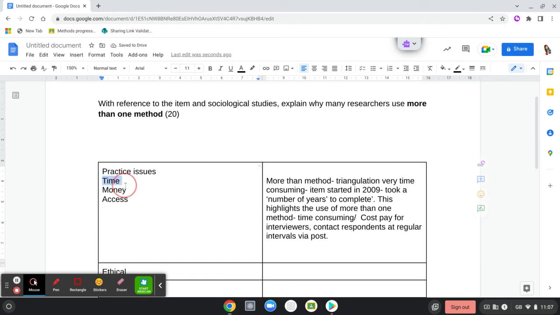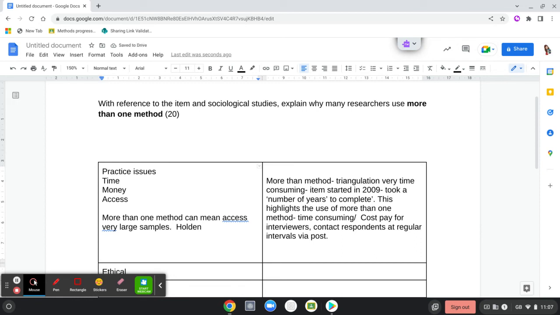Got time, got money covered, access. The use of more than one method can mean you can access very large samples. We're going into the study here. So for example, Holden could have used the item there, but I chose not to.